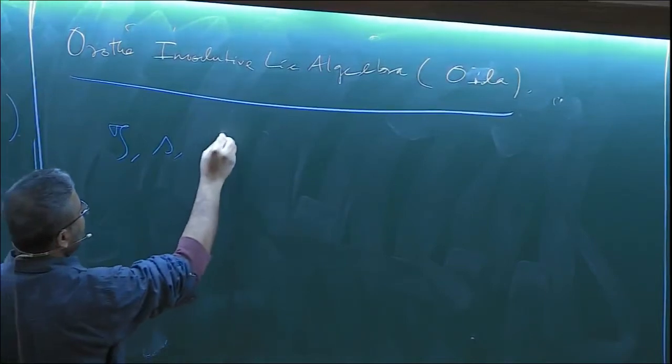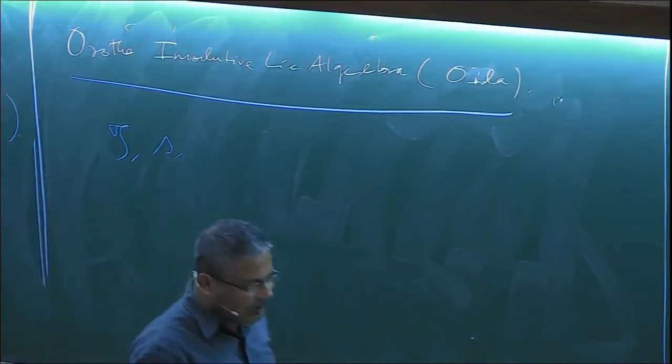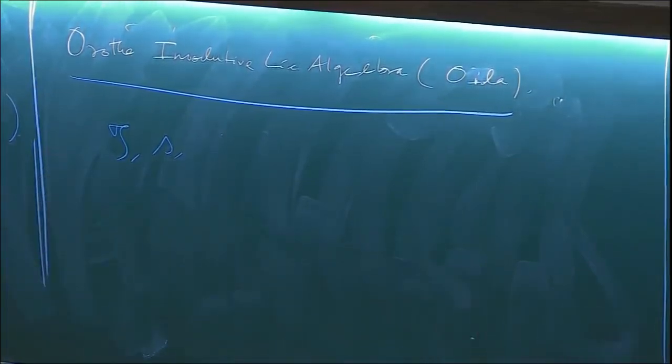When I'm given an involution of order 2, the Lie algebra breaks up into plus and minus eigenspaces. So let s be an automorphism of g with order 2.